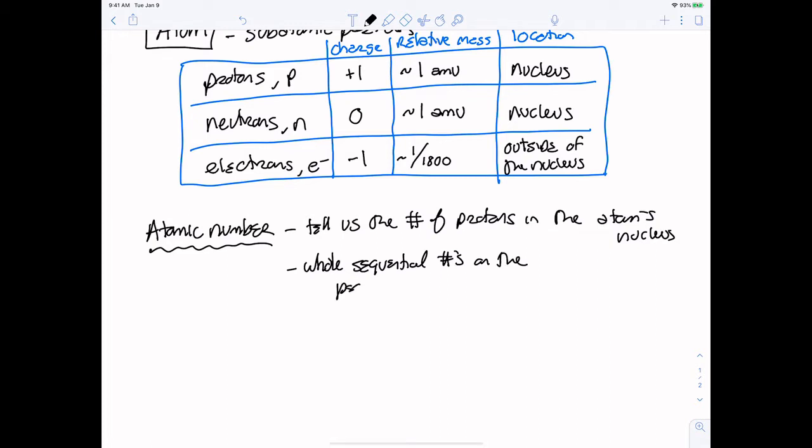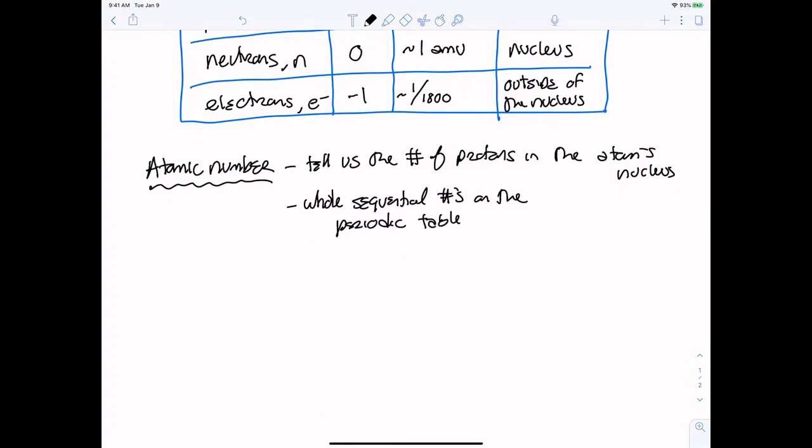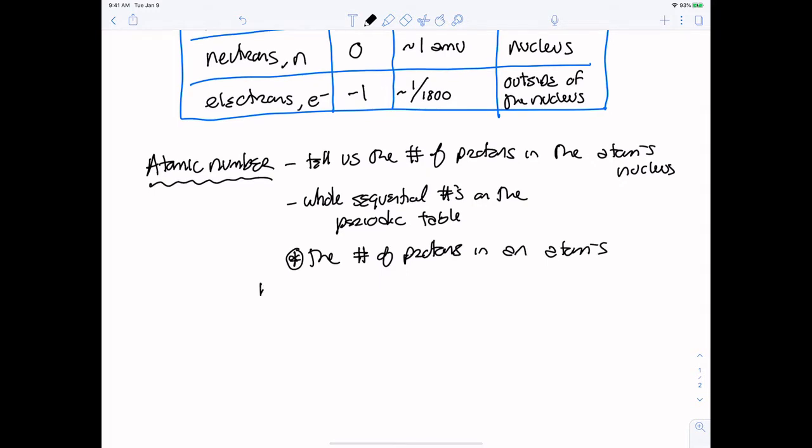And we can pull a periodic table here in a minute and take a look. So our atomic numbers are on the periodic table. And very importantly, the number of protons, or its atomic number, because that represents the number of protons, the number of protons in an atom's nucleus defines that atom as belonging to a particular element.